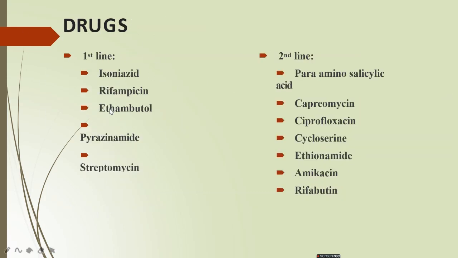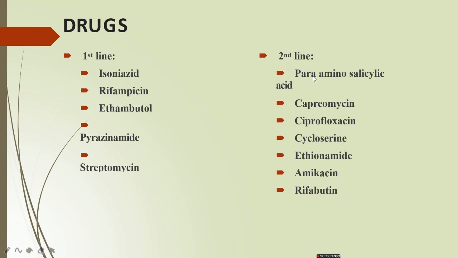There are drugs which are given under the treatment, and these drugs are divided into two classes: first line class and second line class. Basically, the first line class of drugs consists of isoniazide, rifampicin, ethambutol. They are given in combination so that in a short time the patient should be treated. The other drugs are pyrazinamide and streptomycin.